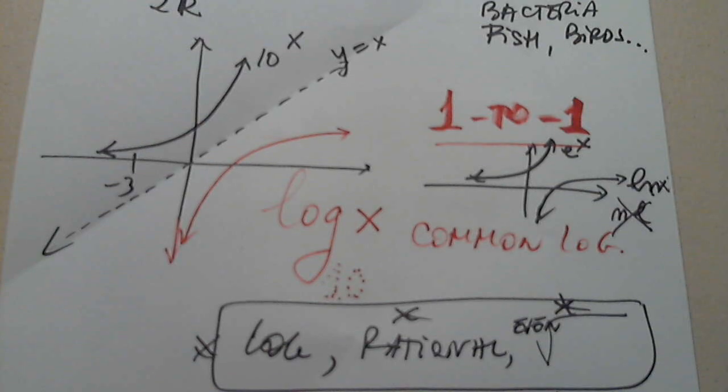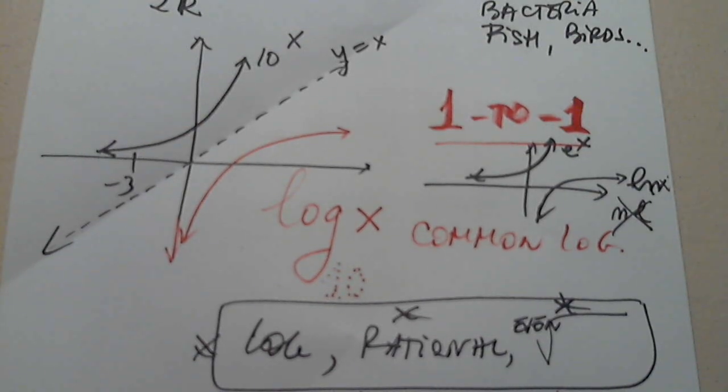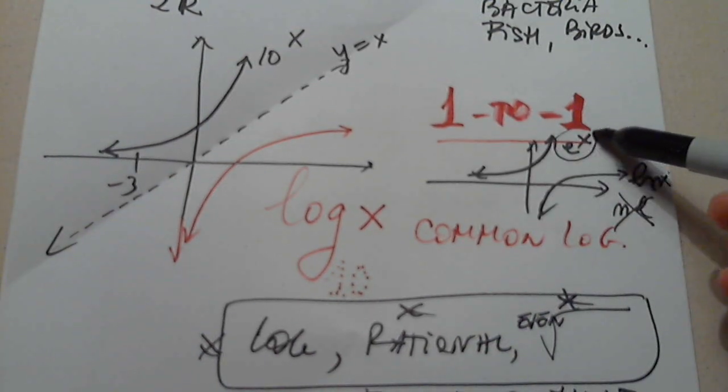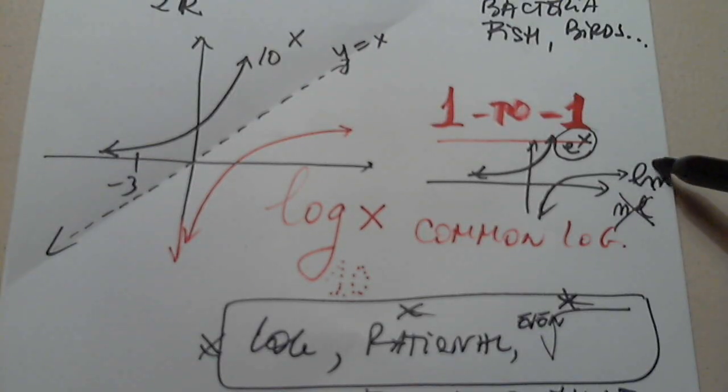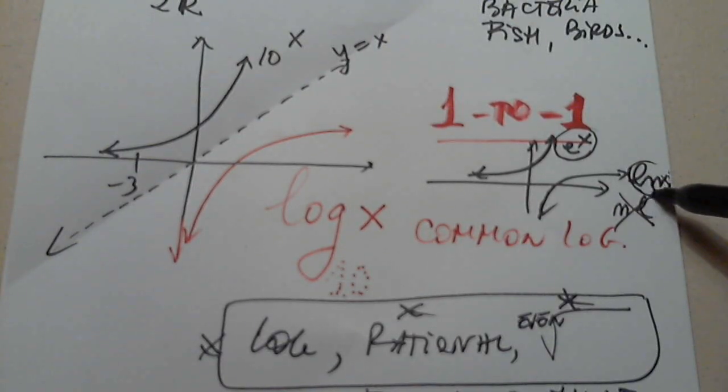That's really silly. Sorry, this is the very first time I did this with my students, so it makes no sense. Okay, so this is the natural exponential function, and this is the natural log function.